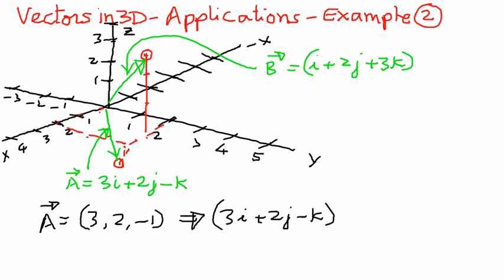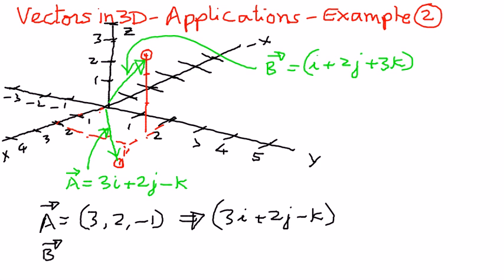Therefore, I put an arrow there, I put a small red circle there, and I have connected it with this green line starting from the origin. And that is the vector A, which is represented as 3i plus 2j minus k. Similarly, there is a vector B which is given to us.